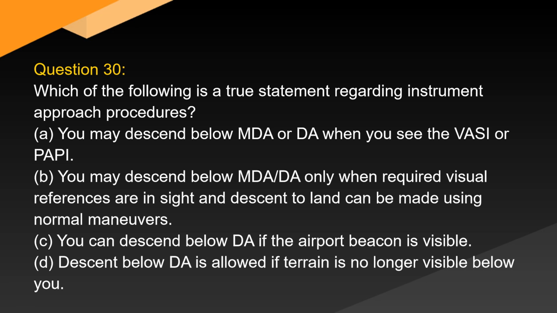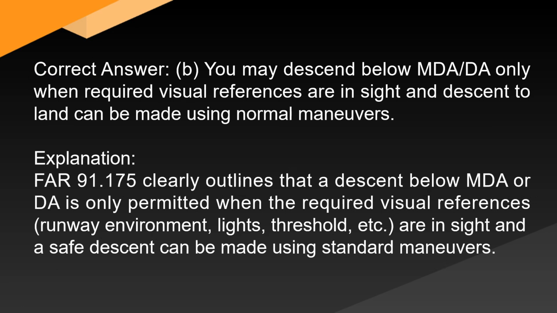C. You can descend below DA if the airport beacon is visible. D. Descent below DA is allowed if terrain is no longer visible below you. Correct answer: B.